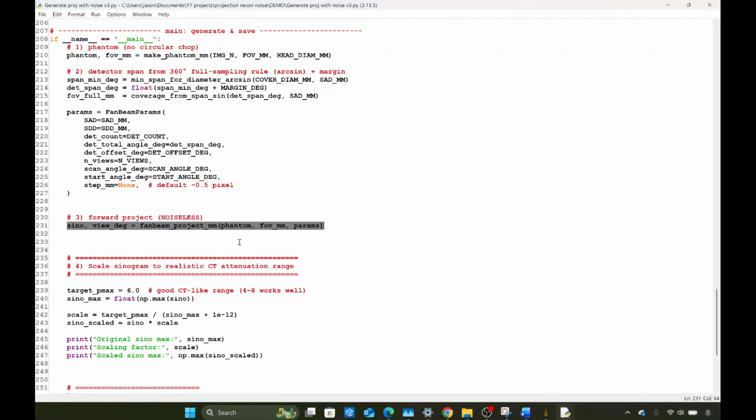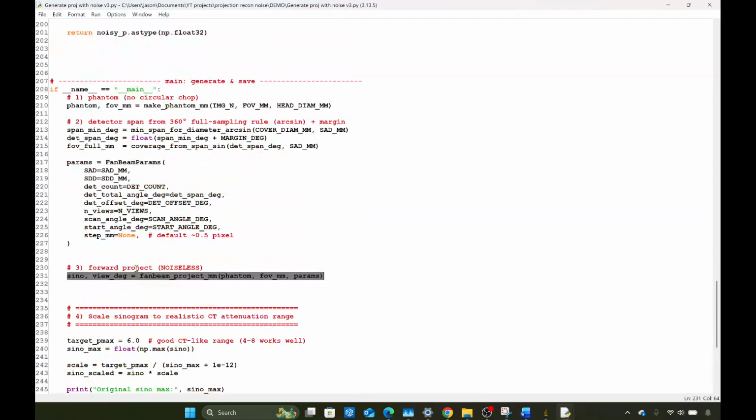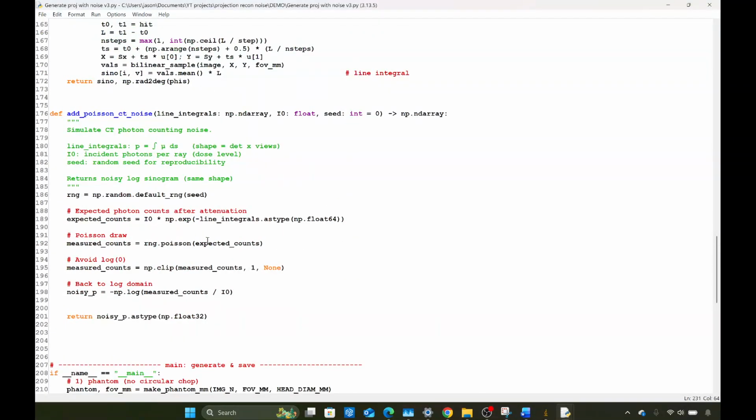Now, let's move to the physics. In a real CT system, detectors do not measure line integrals directly. They measure photon counts. The relationship is that the measured counts equal the initial photon counts times the exponential to the power of negative line integrals.